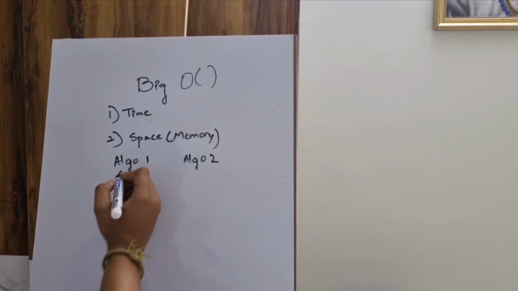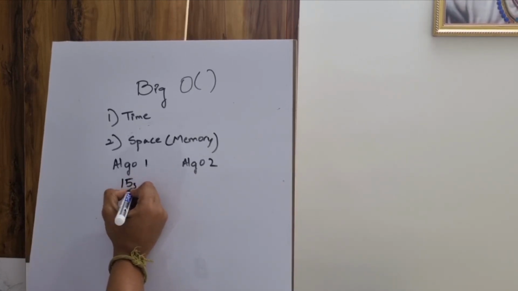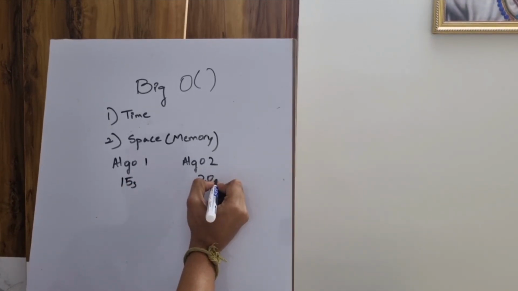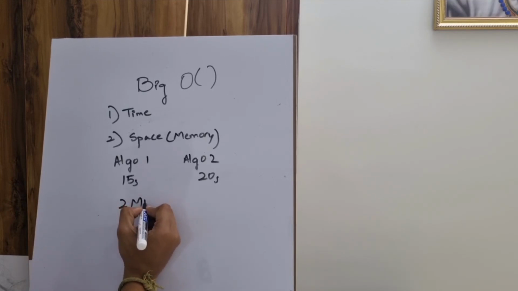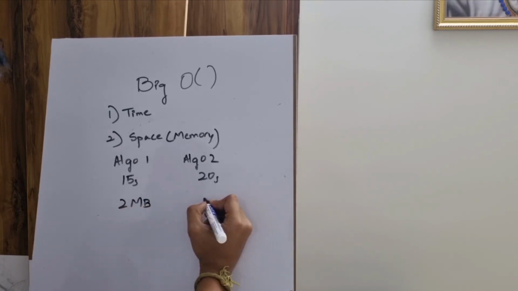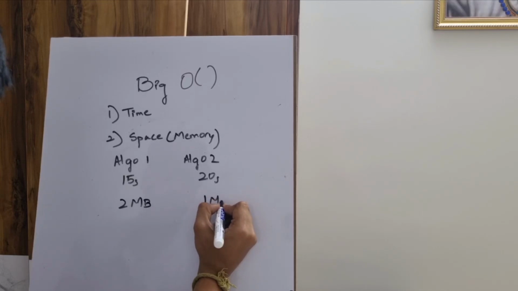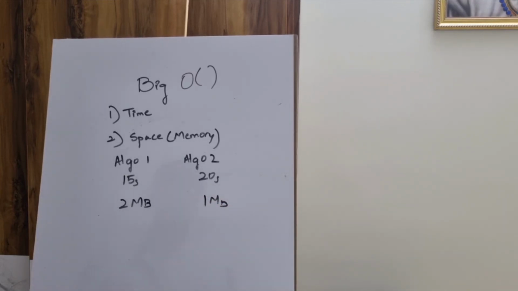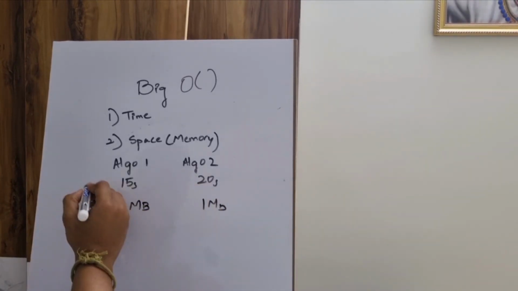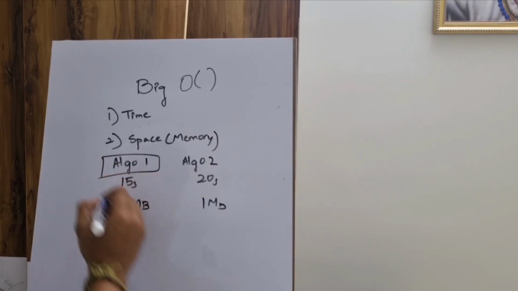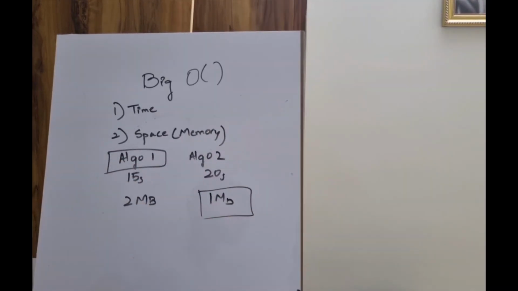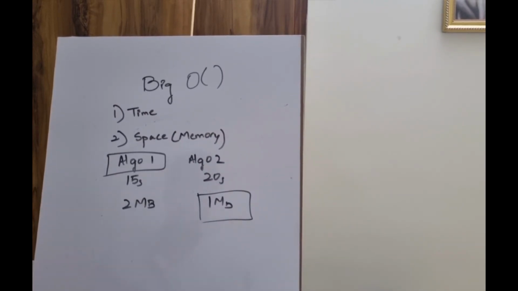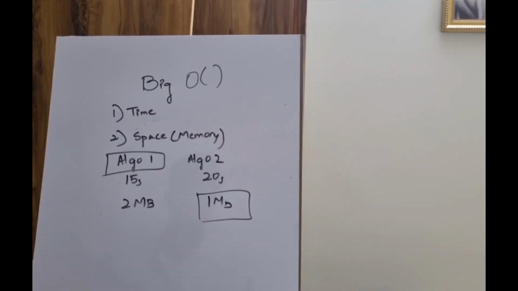If algorithm 1 takes 15 seconds and uses, let us assume, 2 megabytes of memory, and algorithm 2 takes 20 seconds and uses 1 megabyte of memory. In terms of time, algo 1 is the best one, and in terms of space, algo 2 is the best one. So comparing these two algorithms, based on your use case, you can either choose algo 1 or algo 2.